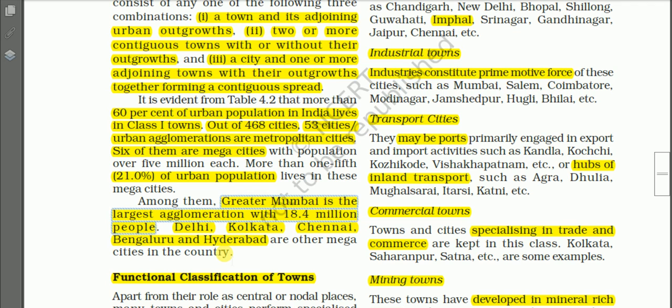Next we have Delhi, Kolkata, Chennai, Bengaluru, and Hyderabad. So these are the other mega cities in the country.